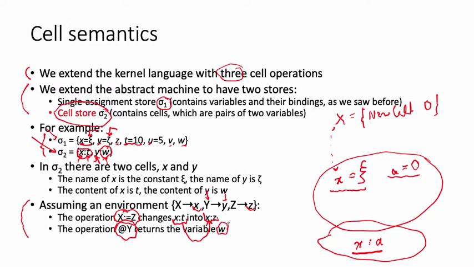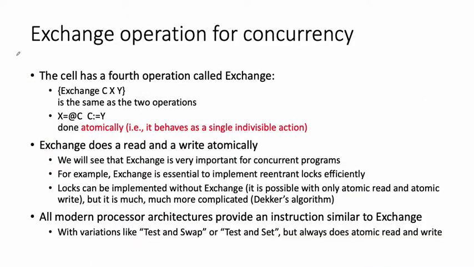Okay, so cells are a basic concept of mutable state, and we have introduced now 3 operations. There is actually a fourth operation, which is especially designed for concurrent programming. This is an operation that probably you have not seen in a previous course, because usually this operation is not given to the programmer. It's an internal operation that's used to manage concurrency.